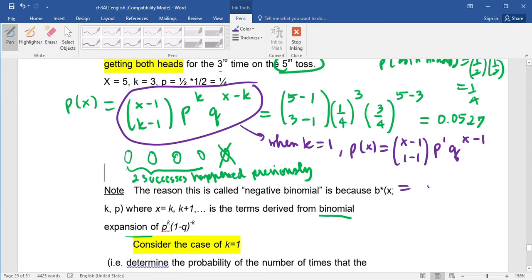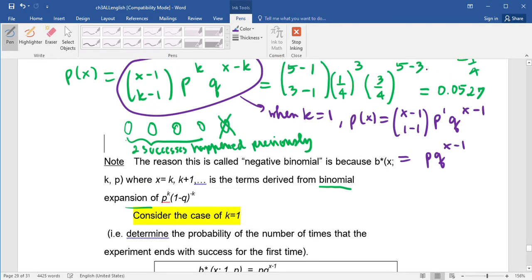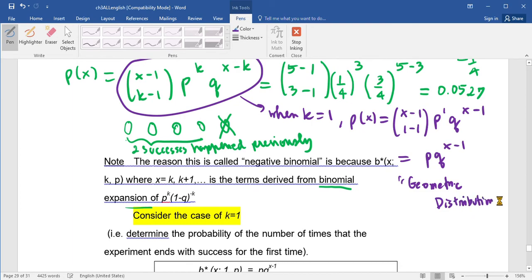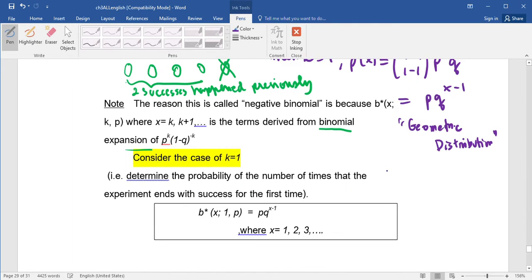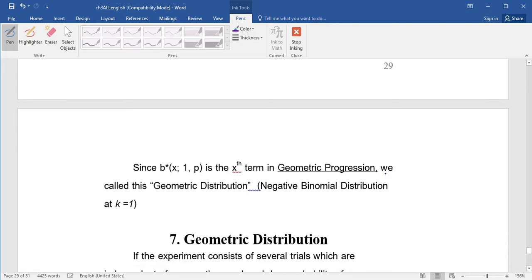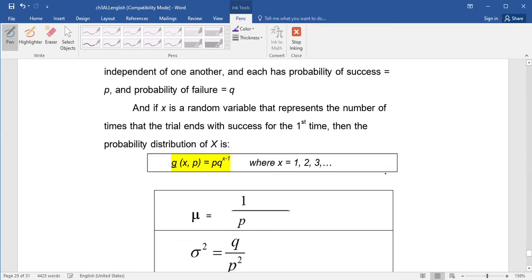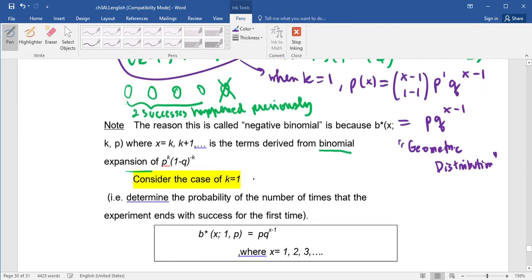And that is equal to P Q to the X minus 1. And this is called geometric distribution. Okay? You're with me? Geometric distribution is P times Q to the X minus 1.